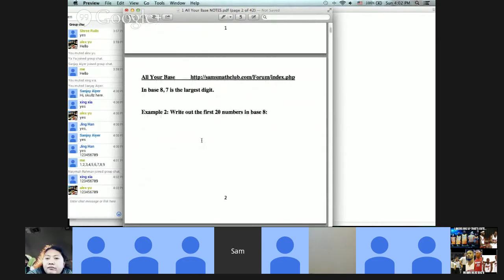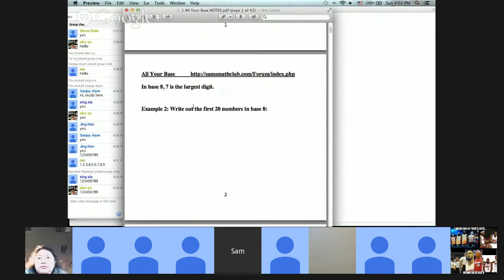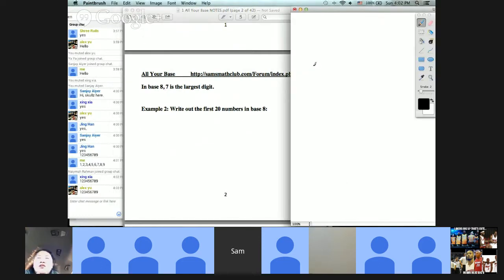If you can grasp the concept, in base 8, 7 is the largest digit. So if you were counting out the digits in base 8, you go 1, 2, 3, 4, 5, 6, 7. In base 8, 7 is the largest digit, so the next number isn't going to be 8.